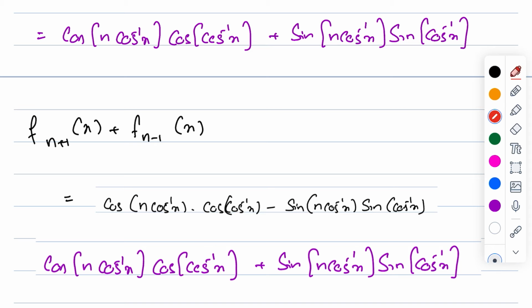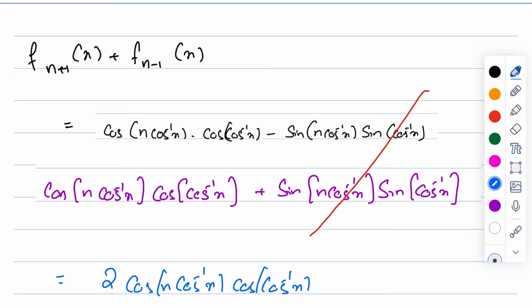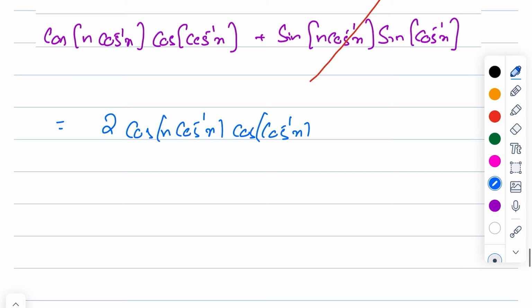When I add it out, we can see that these two terms get cancelled. So I'm going to get 2 cos of n cos inverse of x and cos of cos inverse of x, which is nothing but what? Cos and cos inverse get cancelled, so 2x, and this is fn of x. That's what it is asking us to prove.